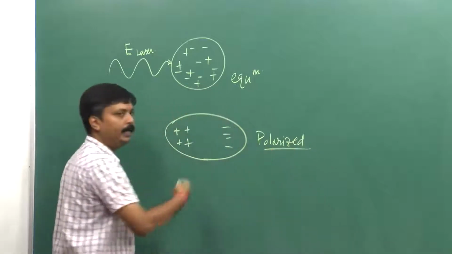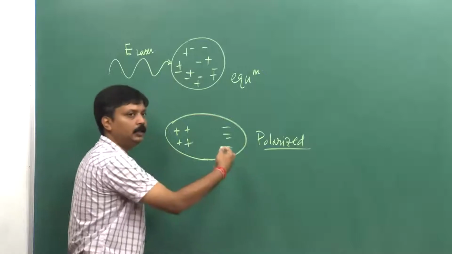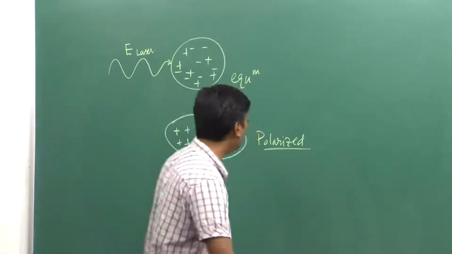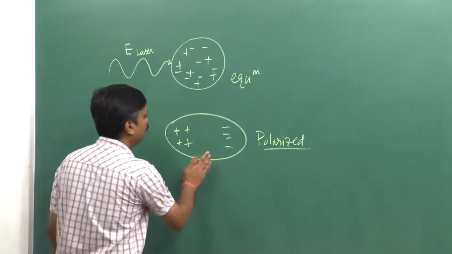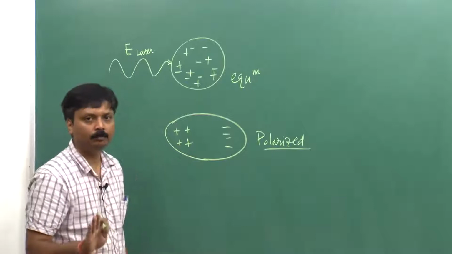So, we create an asymmetry in the charge distribution, and when this is very large, this is a non-equilibrium state, it will not remain as it is forever.